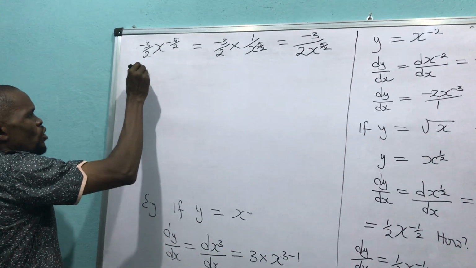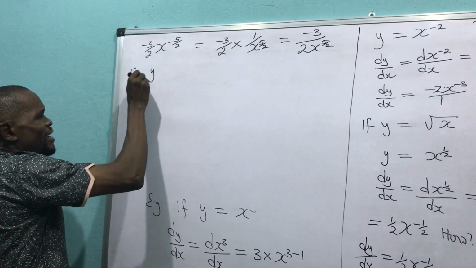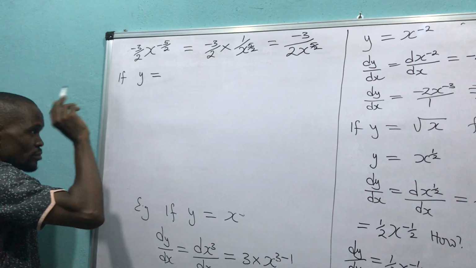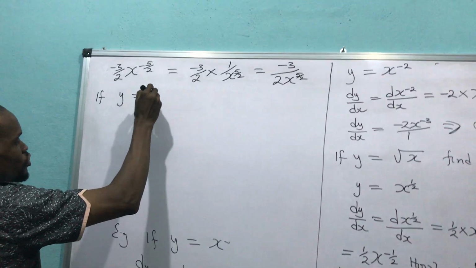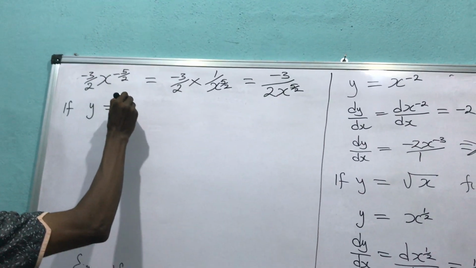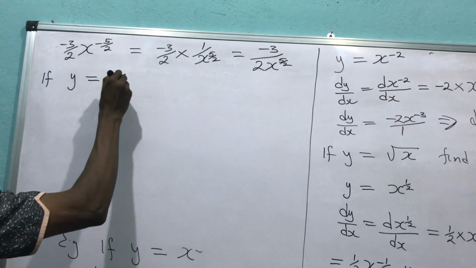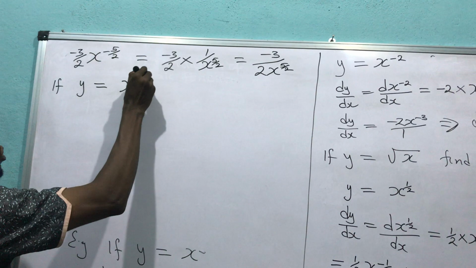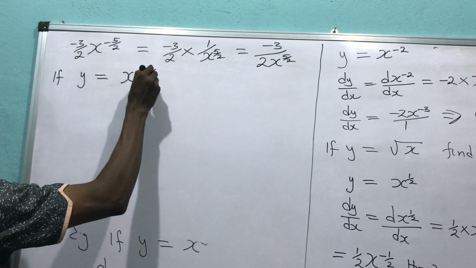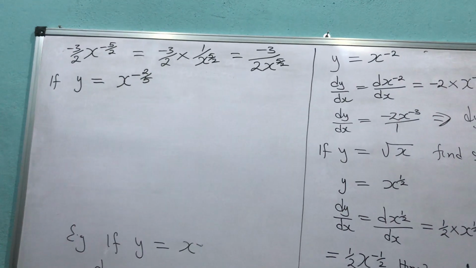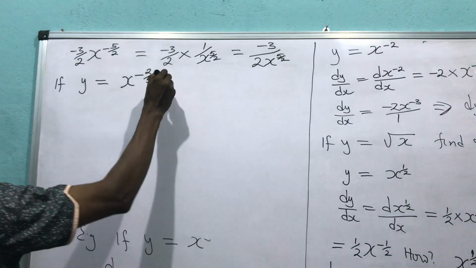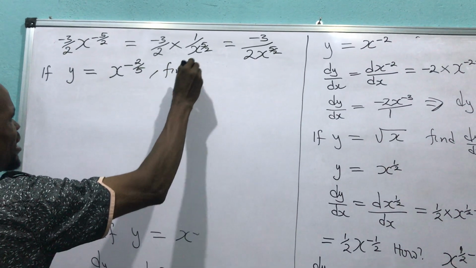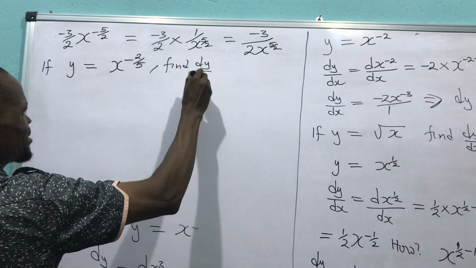Then let us look at another example. If I have y equals x raised to the power minus 2 over 5, find dy dx.